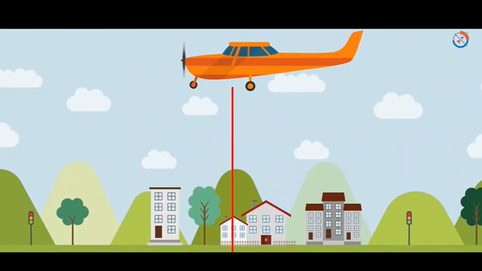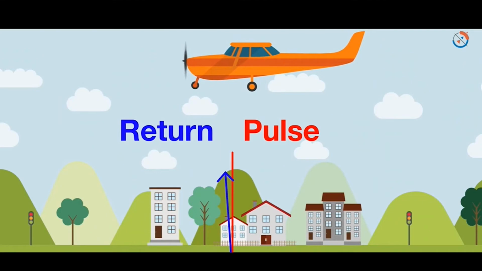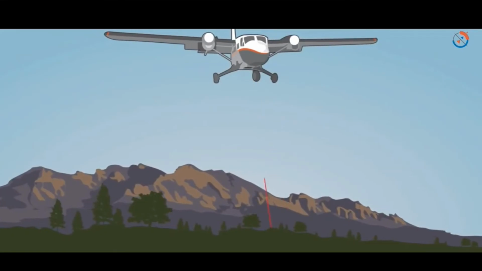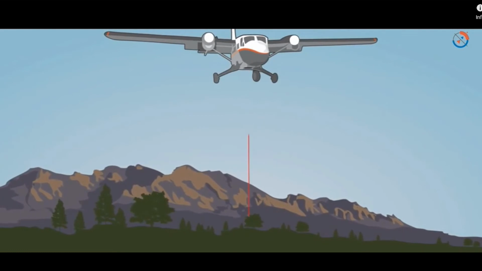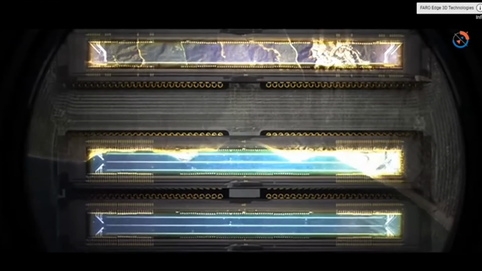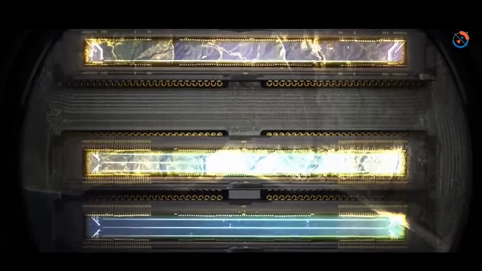Light energy emitted by LiDAR system is known as pulse. Light reflected from ground or object is known as return. This means the LiDAR system sends a pulse of light and it waits for the pulse to return. It measures how long it takes for the emitted pulse to return back to the sensor. In the end, it gets a variable distance of the objects.